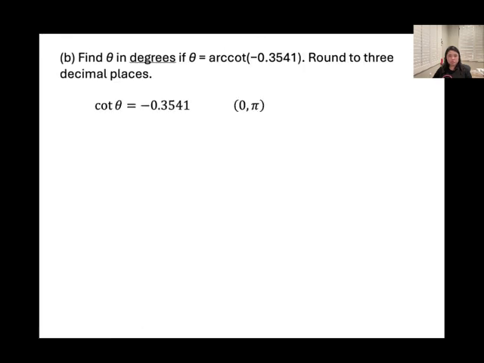From 0 to pi. And cotangent, I can revise it to tangent. So tangent theta equal to 1 over this. From 0 to pi, so it's quadrant 1 and quadrant 2. And then tangent will be negative. So the theta will be in quadrant 2.